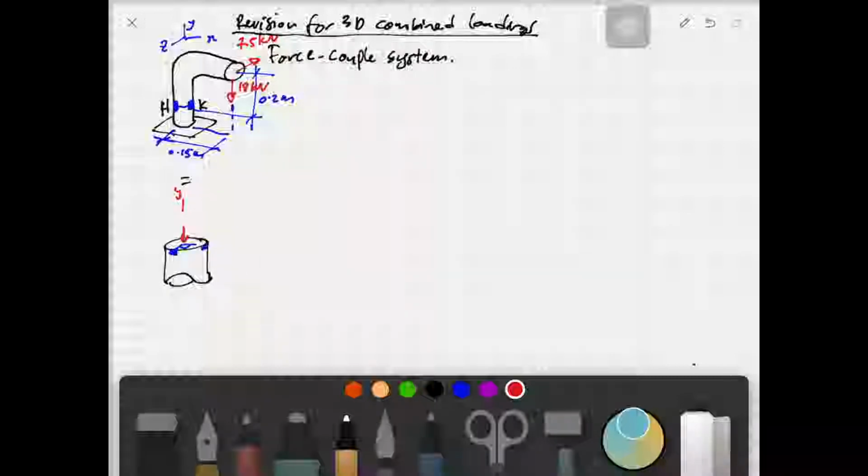This is P, the point load of 18, and I'm going to have a double tip arrow to represent the torque due to P. This is P, 18 kilonewton, and we have T with a double tip arrow, T equivalent to the 7.5 kilonewton times the arm, or the distance according to the diagram, this is 0.15 meter, and it comes out to 1.125 kilonewton.